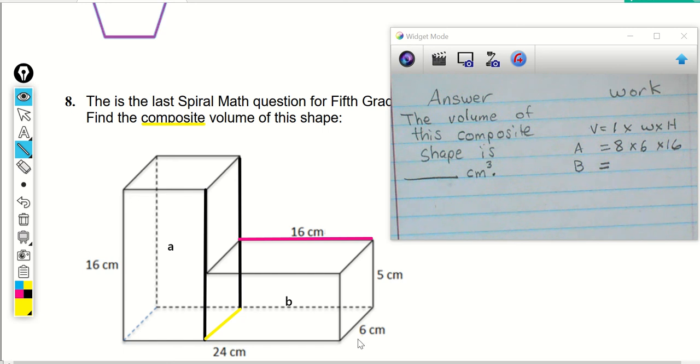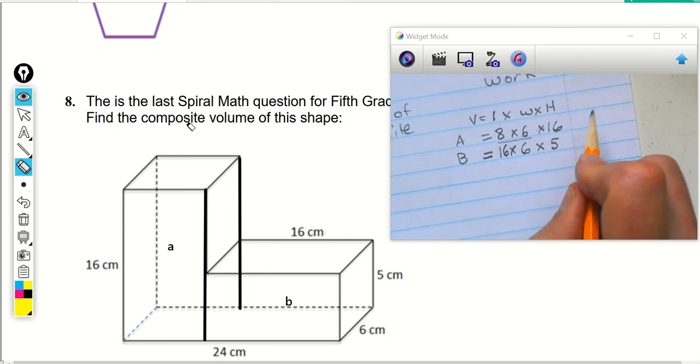Now we do have the width for shape B, actually, which is 6 centimeters. We do have the height for shape B, which is 5 centimeters. And we also have the length, which is 16 centimeters. That one's not nearly as tricky to figure out. So now I have all the measurements for shape B. And now I can multiply those out and figure out my volume. And that's what we're going to do right now.